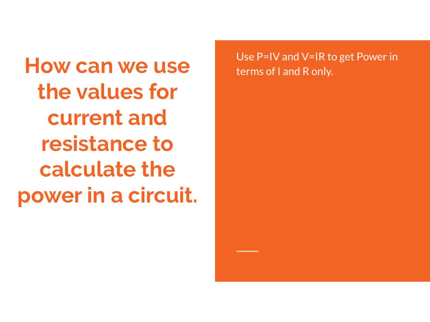Okay, so let's have another practice deriving another formula, but this time we want values for current and resistance to calculate the power in a circuit. So here P is equal to IV.